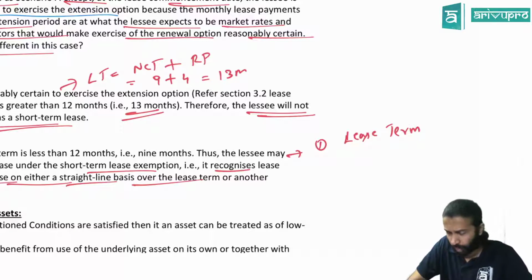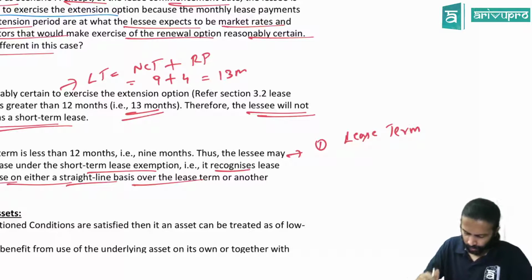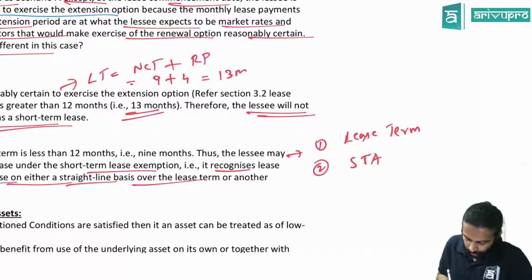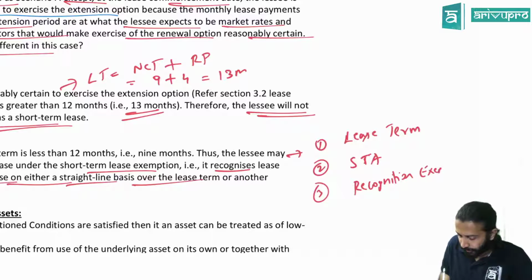So that's how you will find out the lease term. Then you conclude that this is a short-term lease, and if it is a short-term lease, we can use the recognition exemption. Can be adopted.